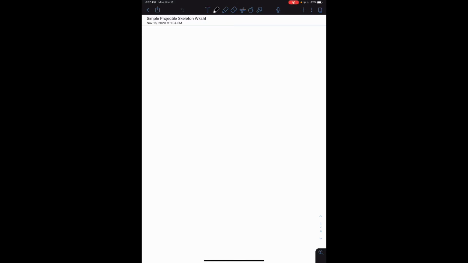So before we start looking at the simpler projectile worksheet, I just want to go over where our formulas come from for this worksheet. So with a simple projectile, we're taking a projectile like this, right?